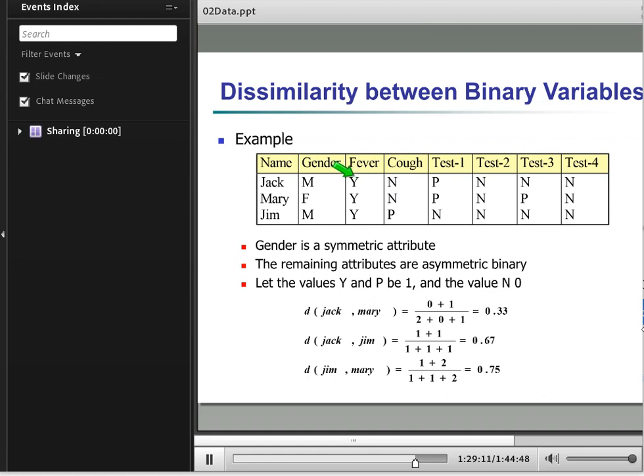Here for yes or Y, I'm putting 1, and for N, I'm putting 0. I'm replacing Y or P with 1 and N with 0 in this table. For example, when I'm talking about Jack and Mary, I can see that both of them have fever.